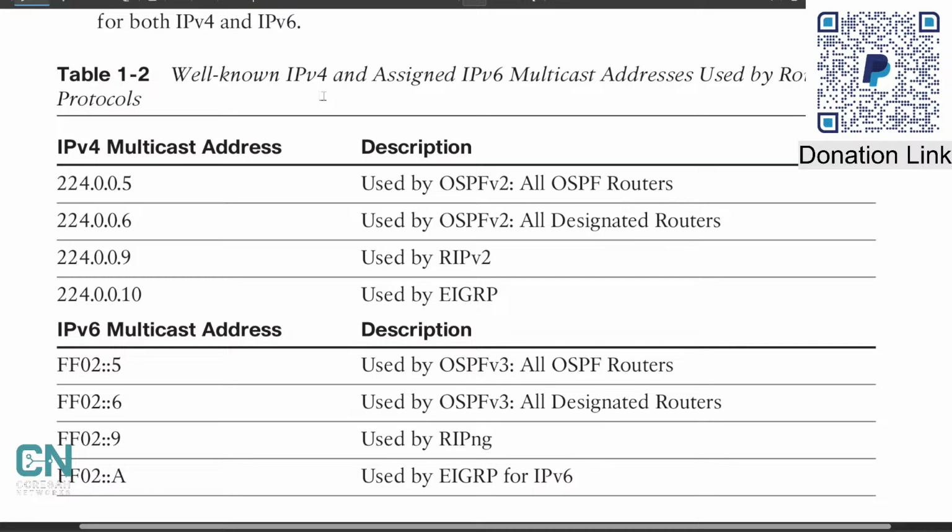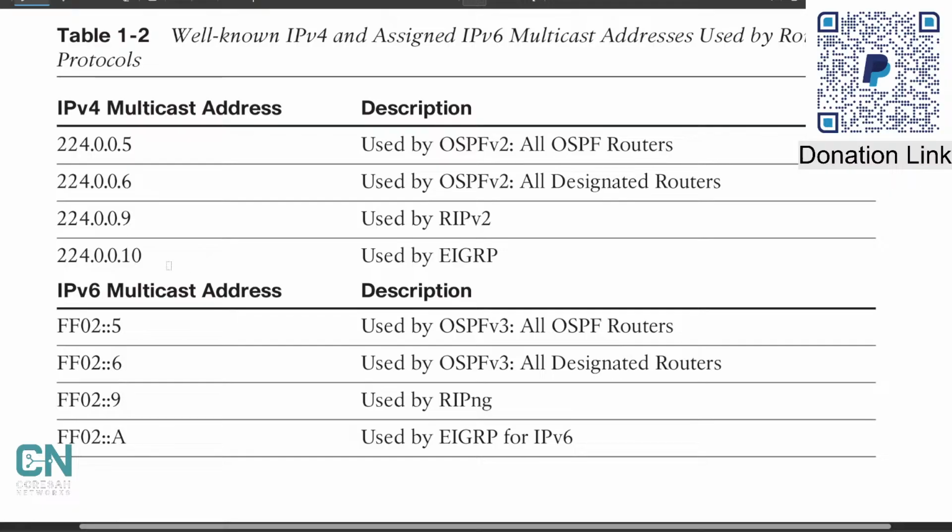Well-known IP version 4 and assigned IP version 6 multicast addresses used by routing protocols. IP version 4 multicast addresses and IP version 6 multicast addresses.